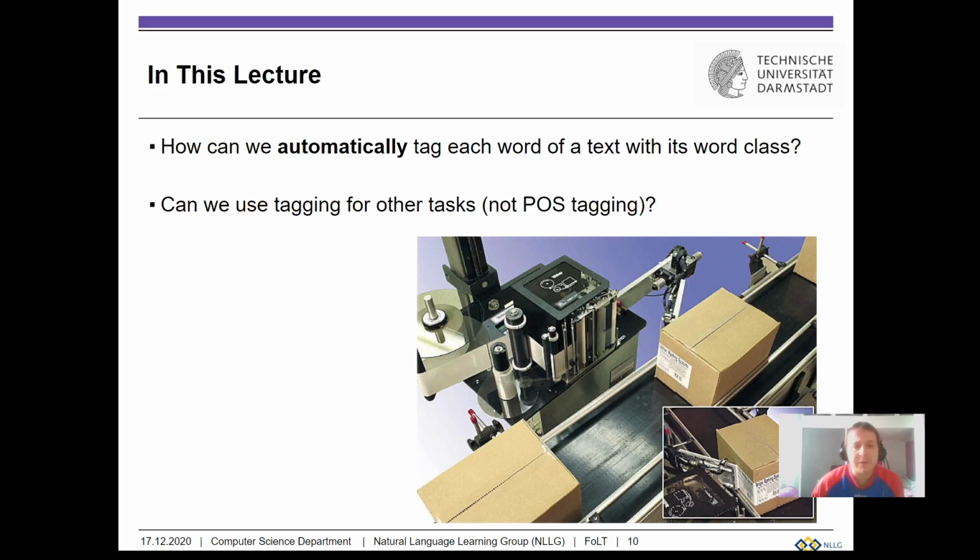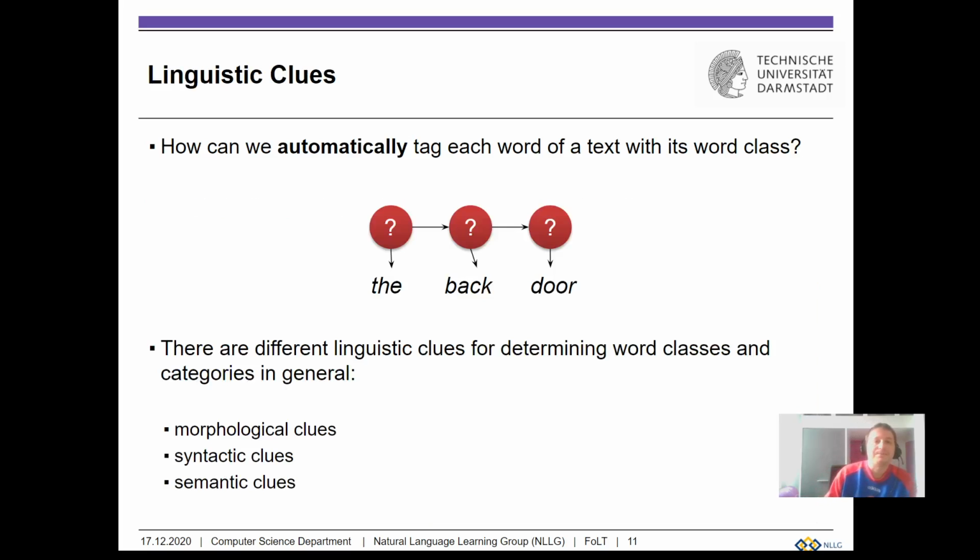And can we maybe also extend the notion of tagging to other NLP tasks, not only part of speech tagging? That's also something that you can think about. Are we able to use the same tools and same approaches for those other tasks as we use for part of speech tagging?